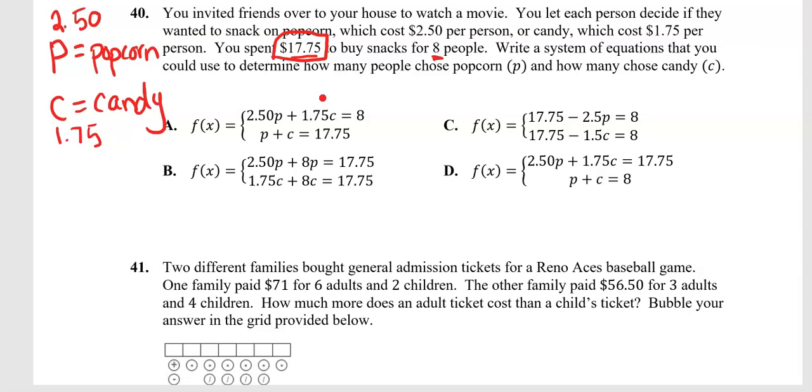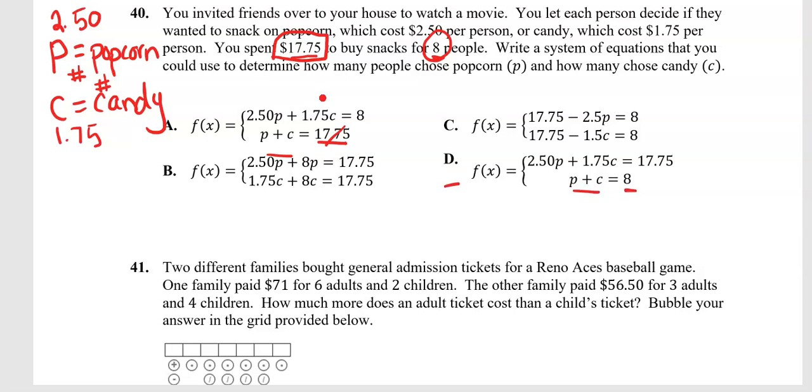If I'm adding, P is really the number of people who are eating popcorn, and C is the candy. So if I add P and C together, I'm going to get the 8 total people. So I want an equation that when I add P and C together, I get 8. So that one is not going to work. This one does here. Okay, so far D seems to be more likely.